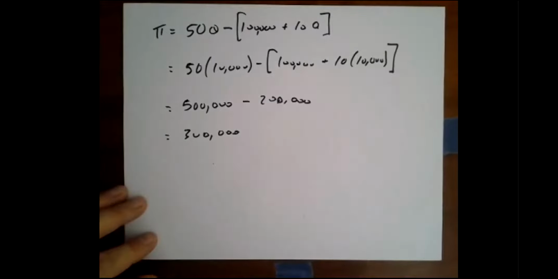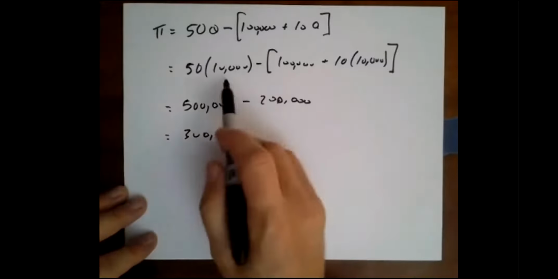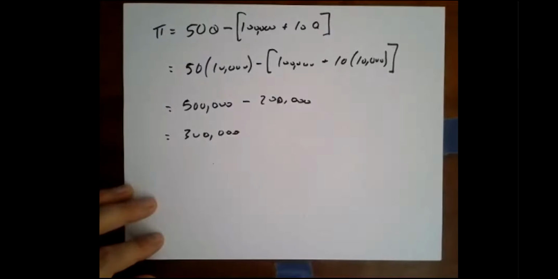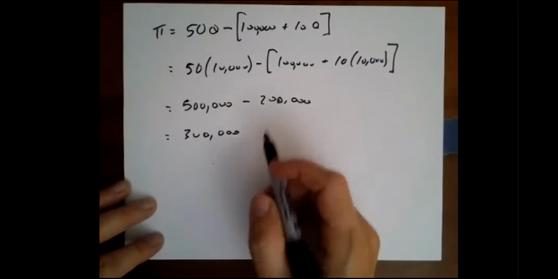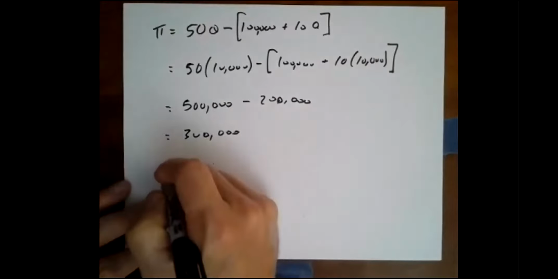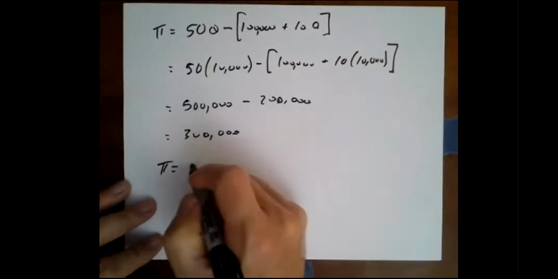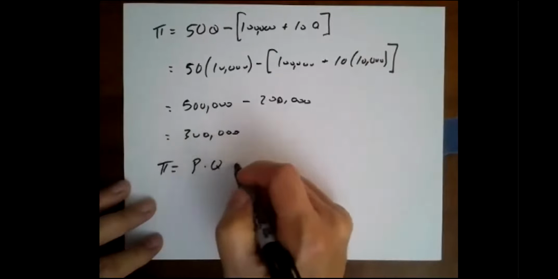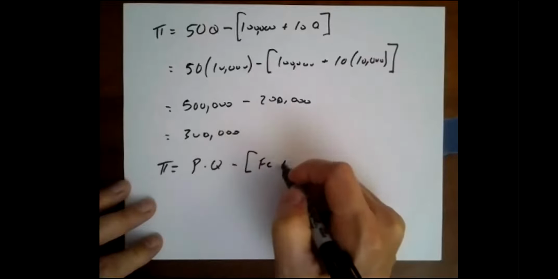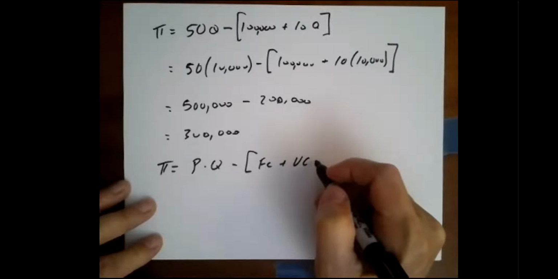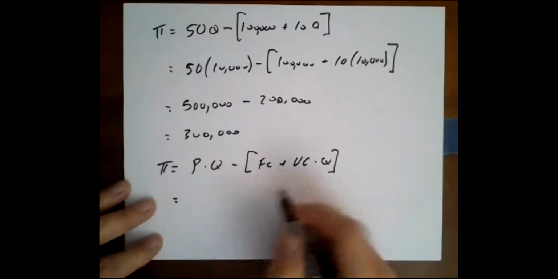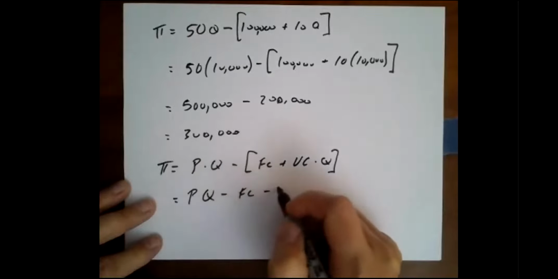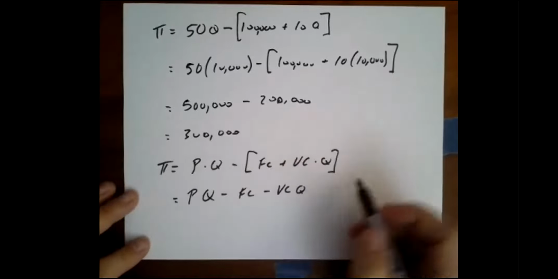I could also consolidate and rearrange my terms so that I'm looking strictly at contribution margin. So if I took profit equals total revenue minus total cost, so price times quantity, minus fixed cost plus variable cost times quantity, I can distribute that negative so that I get PQ minus fixed cost minus variable cost times quantity, right?